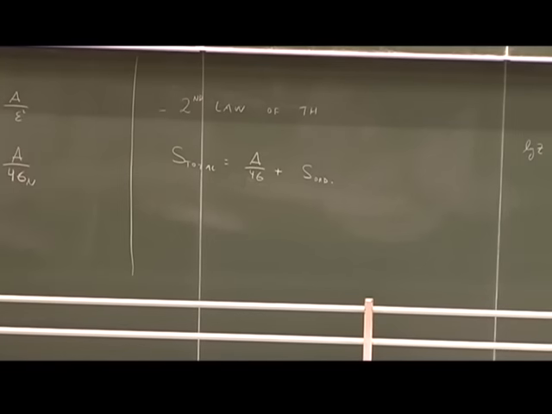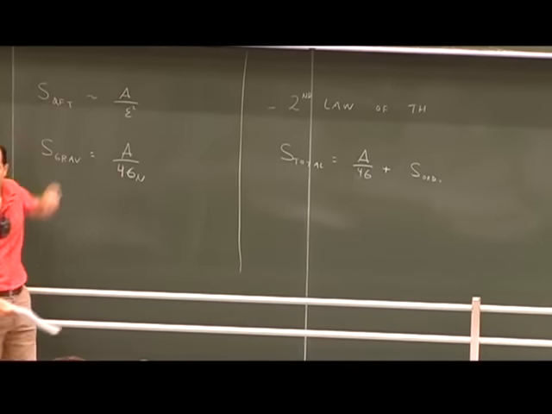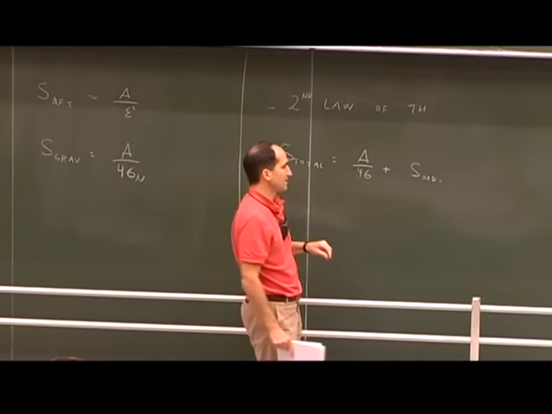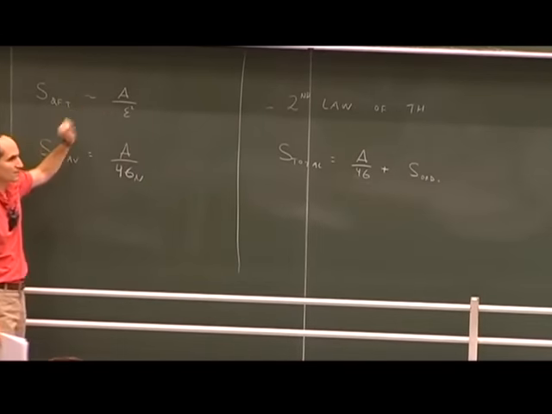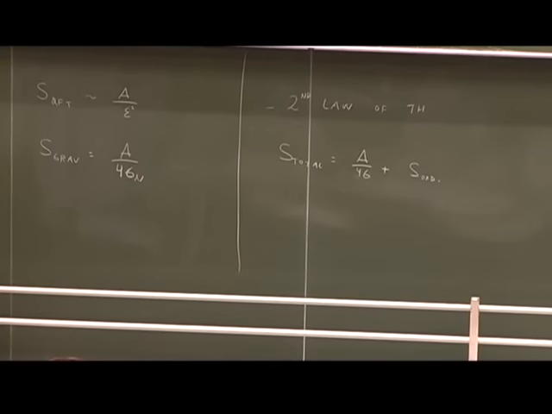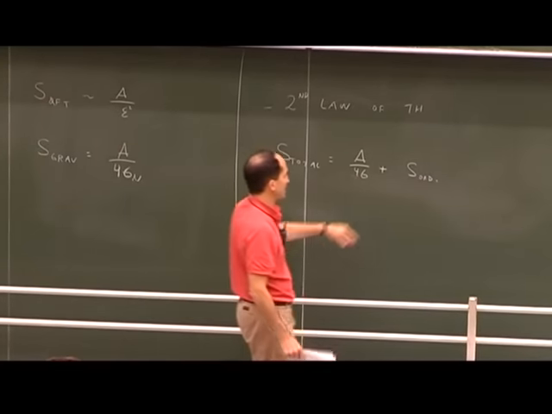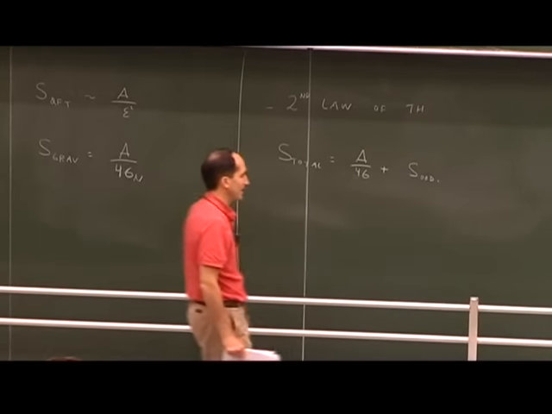But you can also ask whether we should include the entropy of these fields that we computed here. If we ignore the effects of quantum mechanics, we can ignore this entropy. Recall that this whole Unruh discussion that we were having here was a quantum mechanical issue. So if we only include classical entropy, we can have some classical entropy of a gas outside, and then we include only that.